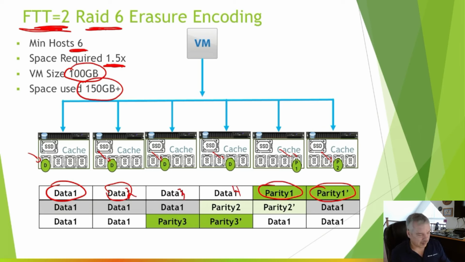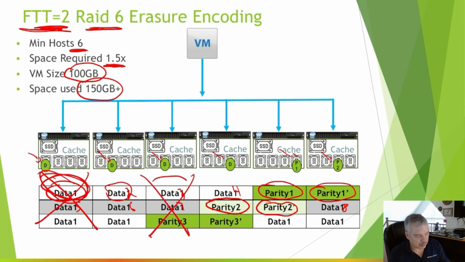Then I have Data 5, Data 6, Data 7, Data 8, and I get my parity 2 and parity 2 prime. The advantage here is if I lose any 2 of these, I can still figure out those values by looking at this data, that data, and my 2 parities.